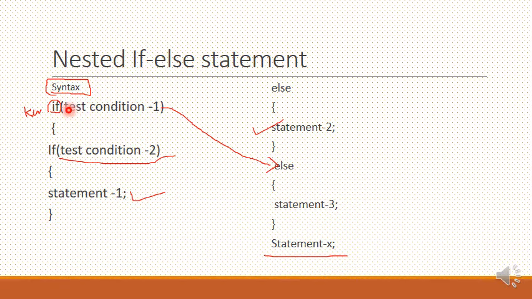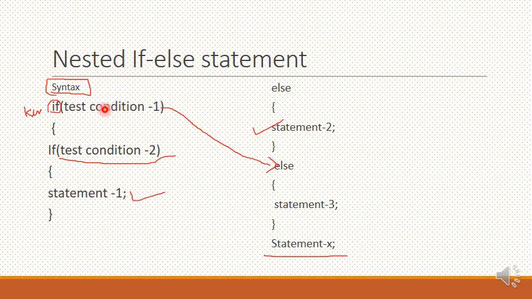Here the test condition is true, so it is going to check the second condition. If this is false, directly your control goes to this else. Then these statements are not going to execute when this test condition is false. Directly it is going to execute the else of the outermost if statement, and afterwards your control goes to the next statement.